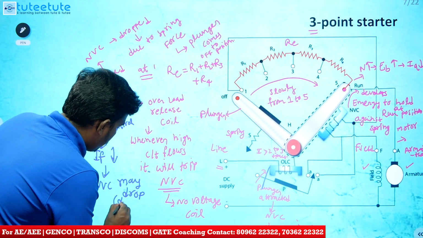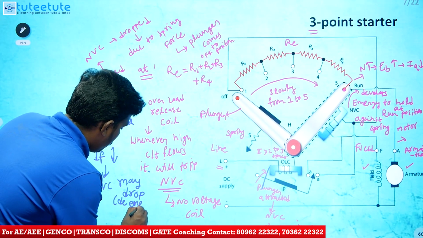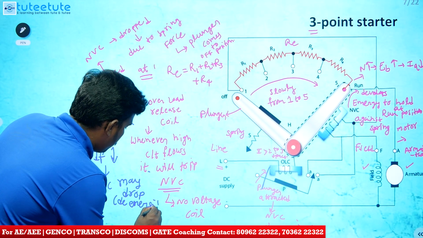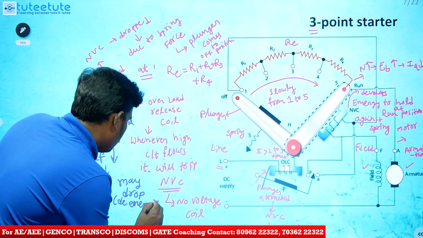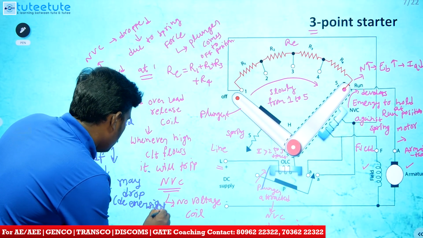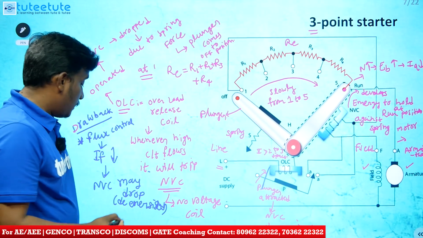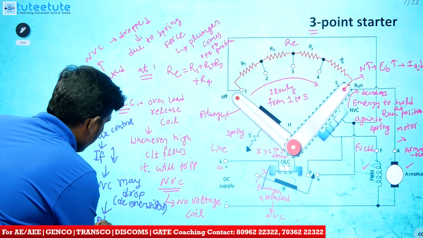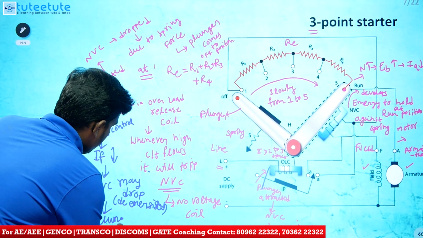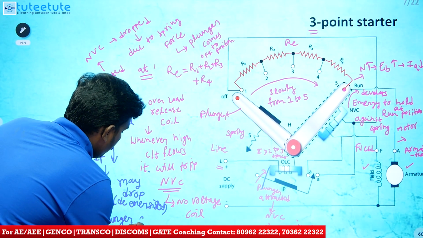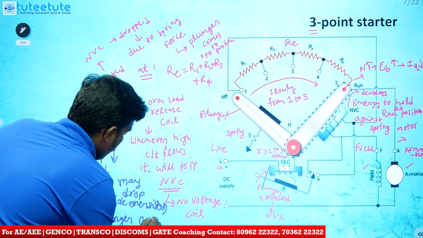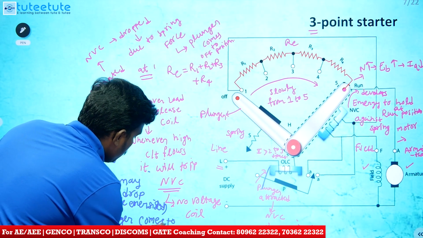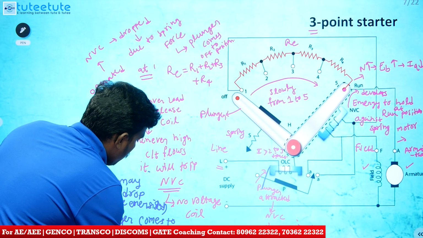Drop means de-energized. NVC gets de-energized and the plunger comes to the off position.